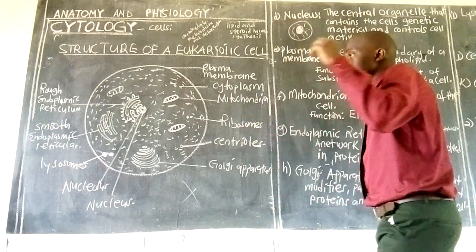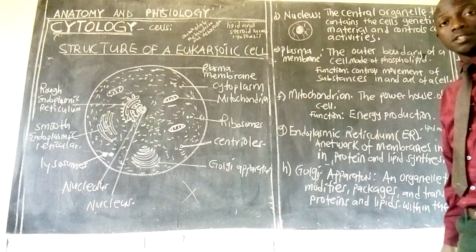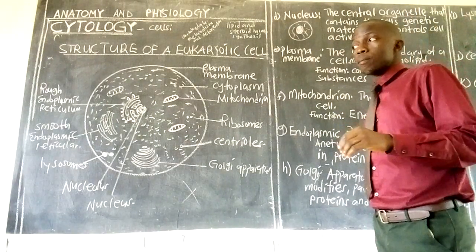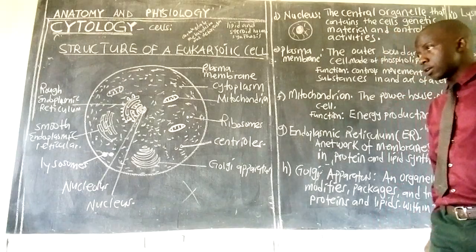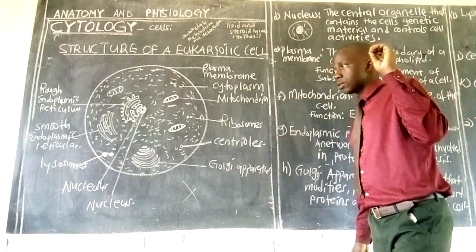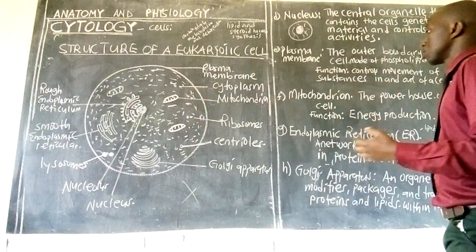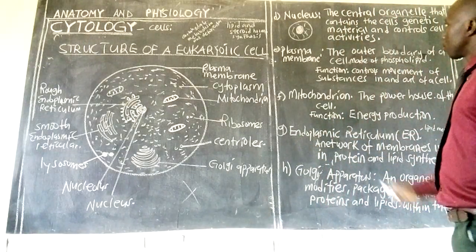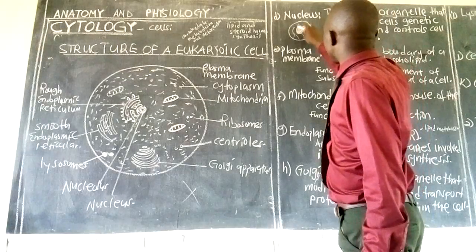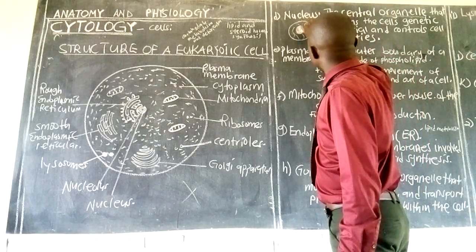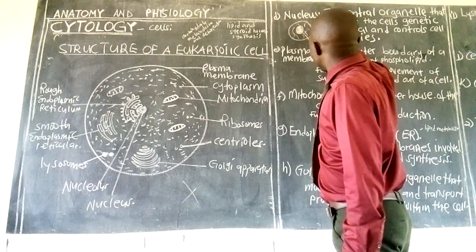The chromatins help in DNA building up, or in genetic replication of a cell, like we shall see later. So this is the nucleus and the nucleolus. It is in the nucleus where we have the DNA.